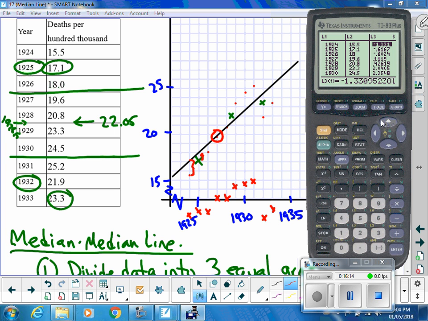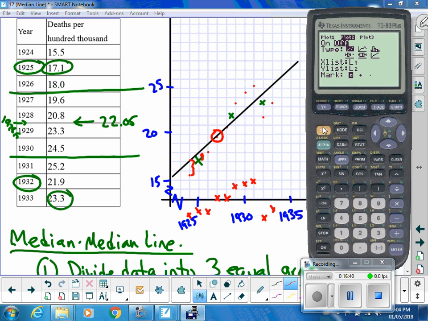Finally, if I want to graph all of this, I would go to second and y equals for a stat plot. Let's see them both, so I'm going to do two plots here. My first plot, I'm just going to leave the way it is and just turn it on. For my second plot, I'm going to go back to the top and scroll over, and change this list.